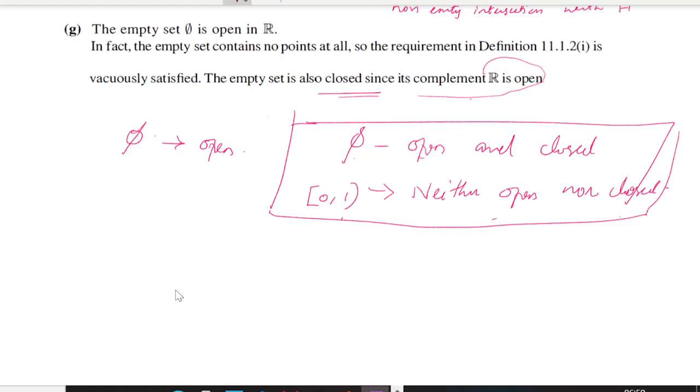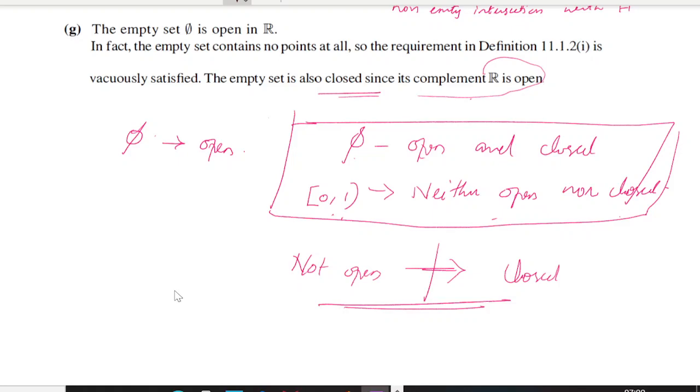This is not open, but we cannot say that this is closed. This is not closed also. So be clear with this idea: not open does not imply that the set is closed.